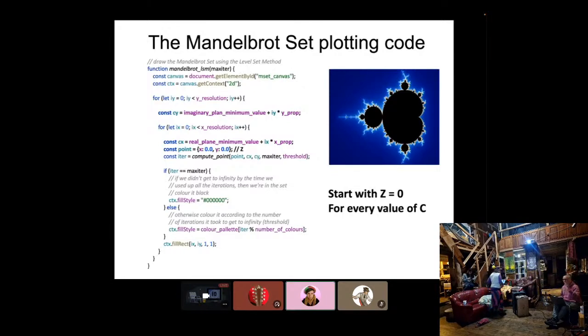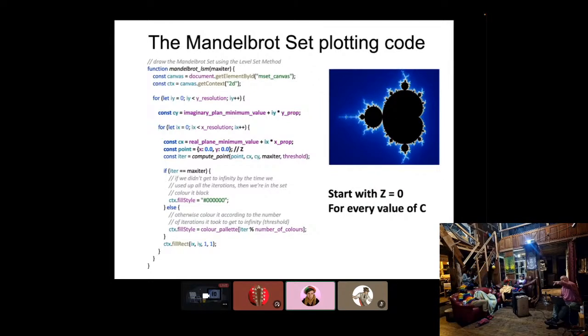C here is set to a different value every time in the for loop. So that's how we're doing every value. And you'll see there's a bit where it says const point x is 0, y is 0. So that sets it to 0.